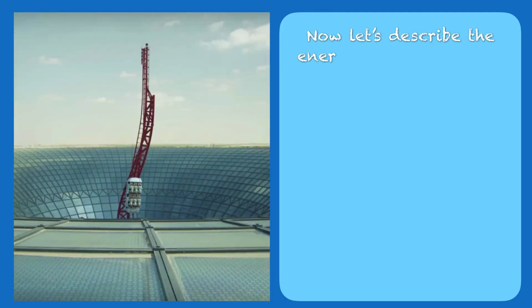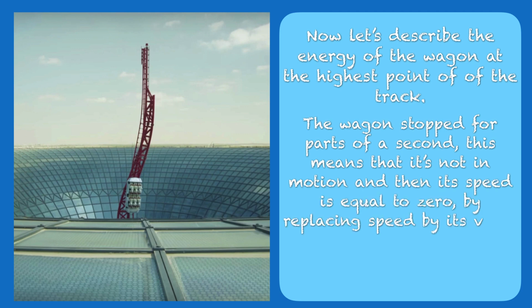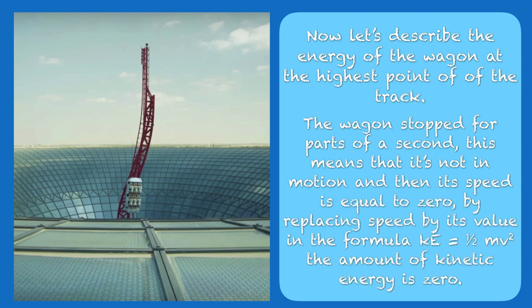Now, let's describe the energy of the wagon at the highest point of the track. The wagon stops for parts of a second. When an object is stopped, this means that it's not in motion, and then its speed is equal to 0. By replacing speed by its value in the formula KE equals half mv squared, the amount of kinetic energy is 0.